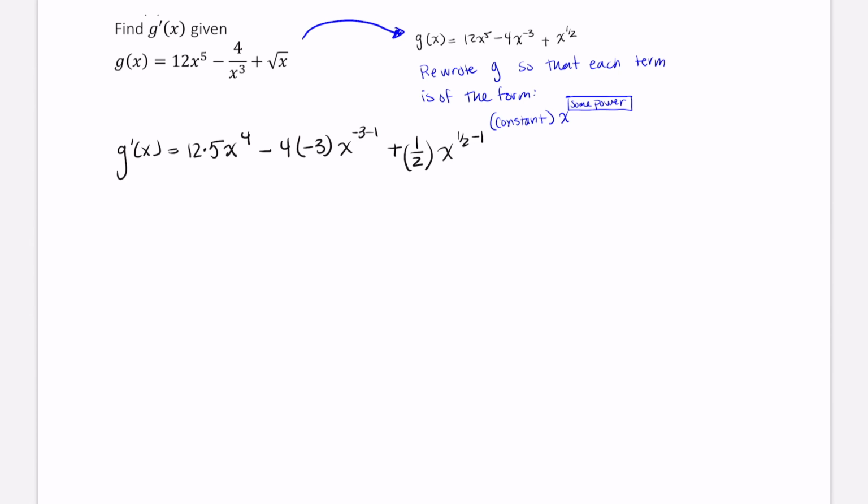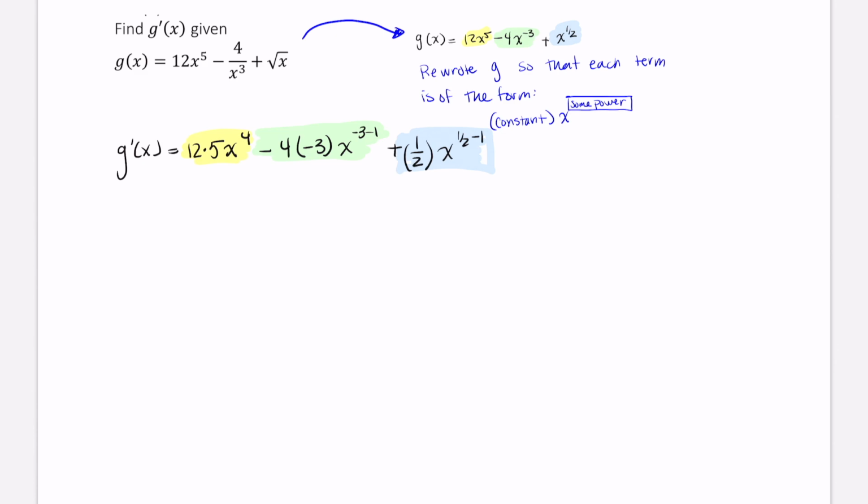To make it clear which term goes with which part, 12x to the fifth, here is its derivative, unsimplified; minus 4x cubed, here is its derivative, also unsimplified; and finally x to the 1/2 power, here's its derivative, yet unsimplified.